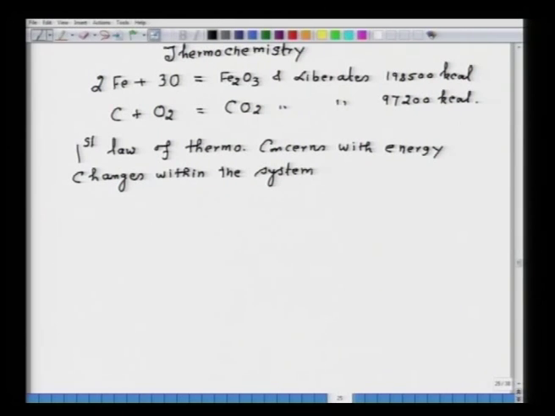Now, I am not going into the detail of the first law of thermodynamics. I will be giving you only that particular portion of the first law which is relevant for heat balance calculation.